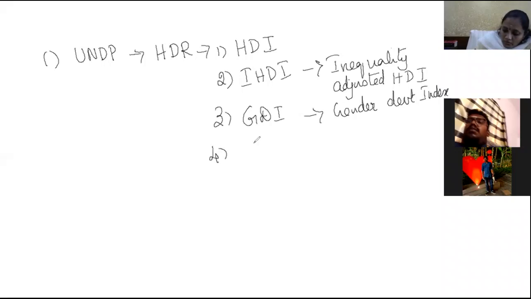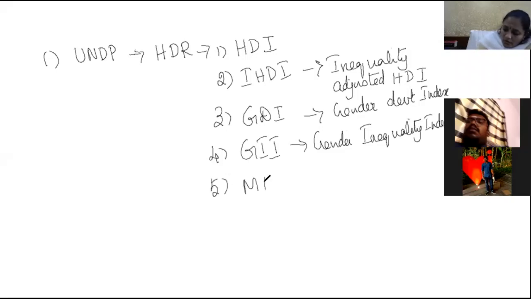Then you have the gender inequality index. You have multi-dimensional poverty.